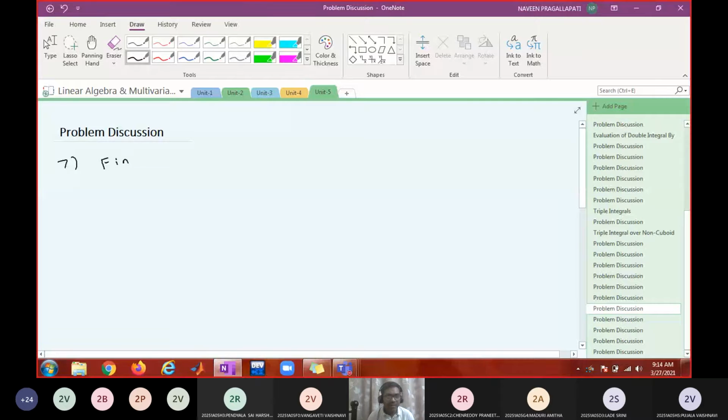Or find volume of the region bounded by the sphere x square plus y square plus z square equal to a square.